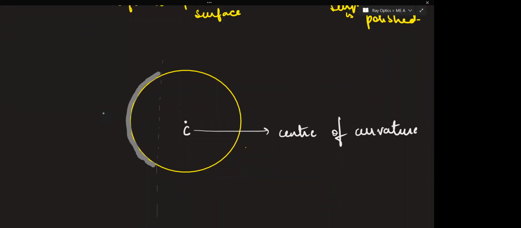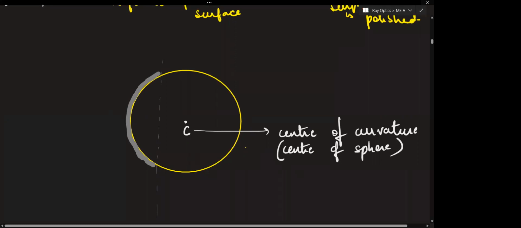Center of curvature is the center of the sphere of which the mirror is a part. Then you have one term known as pole.